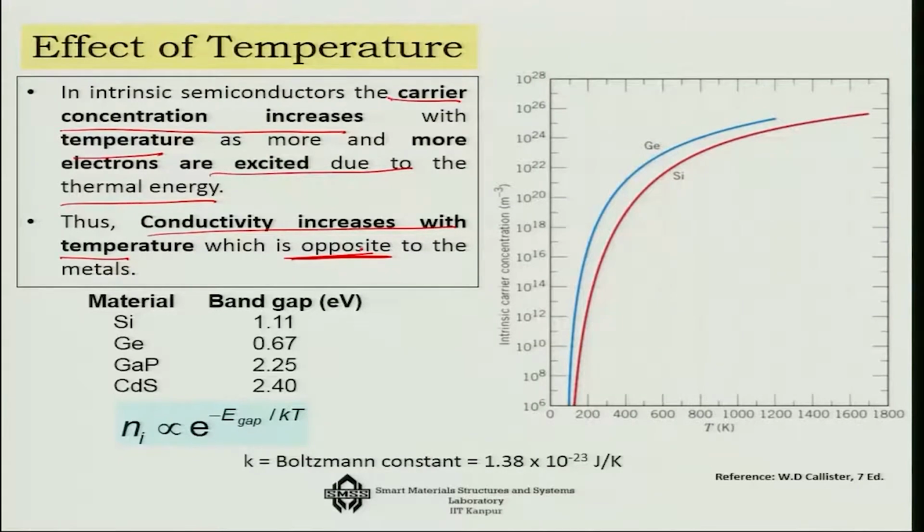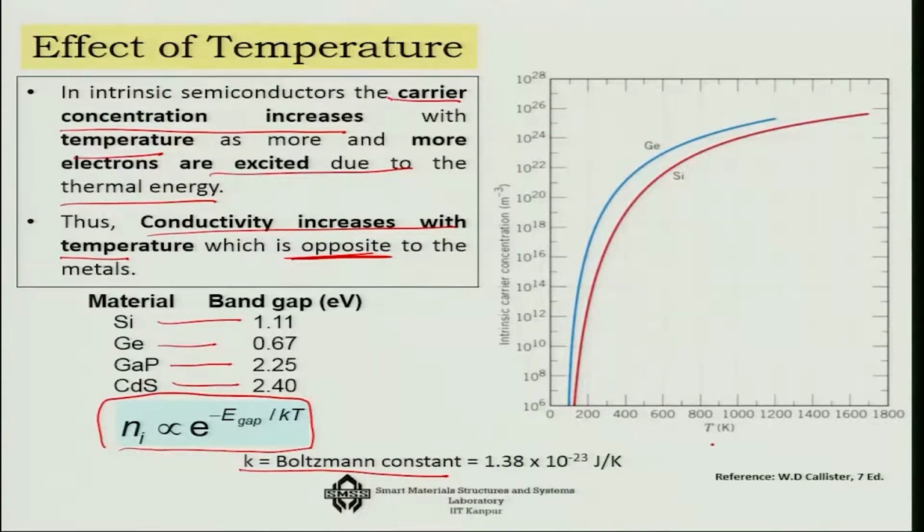For silicon, the band gap is only 1.11 electron volt, germanium 0.67, gallium arsenide and cadmium sulfide 2.40. In fact, you can write that n_i is proportional to exponential of minus E_gap over kT, where k is the Boltzmann constant.